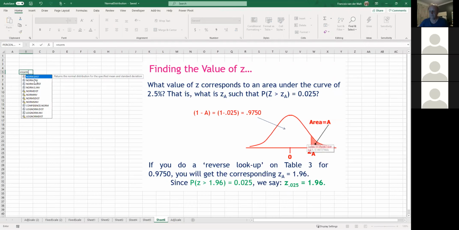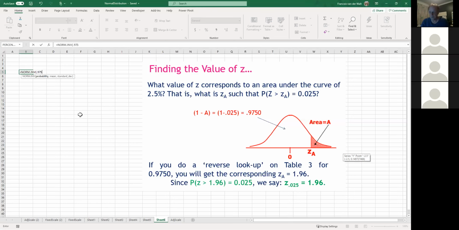The probability we want is 0.975, because we want the area to the left of this. To the right, it's 1 minus 0.025, because they want 0.025.